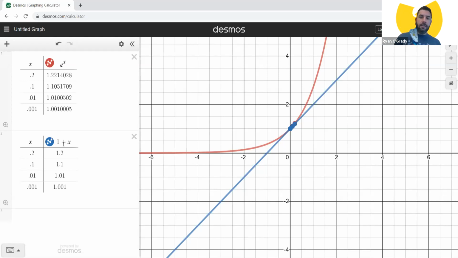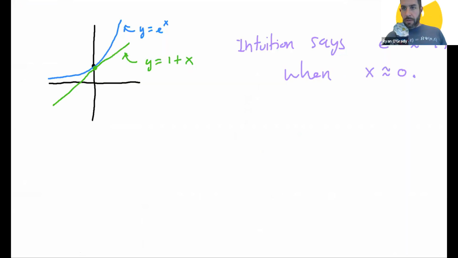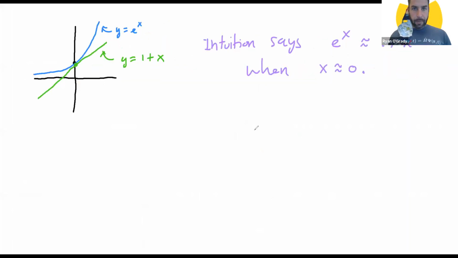And so this idea suggests, well, maybe there's a way we can approximate differentiable functions by polynomials. So what I mean in a more specific sense is the following. So we might be curious, and that is, can we do better?